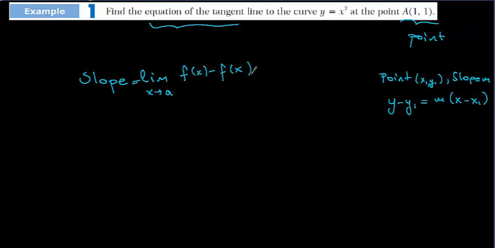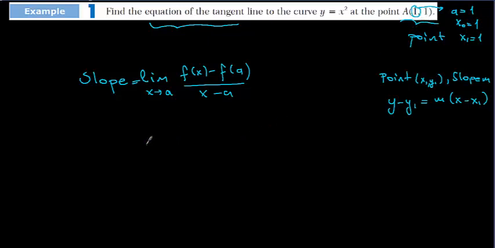Here we have the formula f(x) minus f(a) over x minus a. This value is the a value. a is equal to 1, x0 is equal to 1, or x1 is equal to 1.